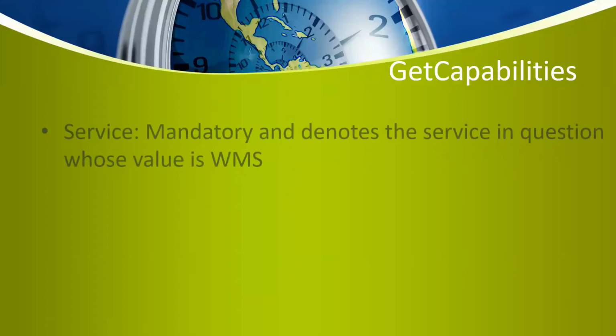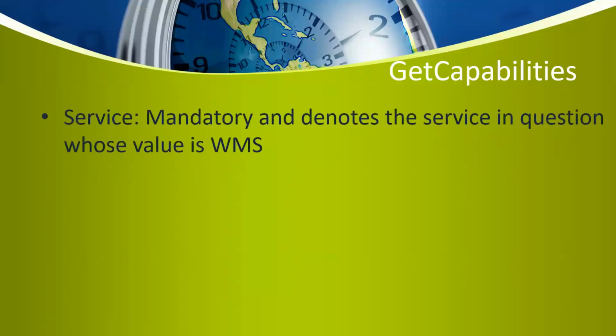So let us look at the get capabilities, as I have mentioned. One of the parameters is service. What service are you requesting? Basically we have two services here, web map service and web feature service. I think of it as a parent.